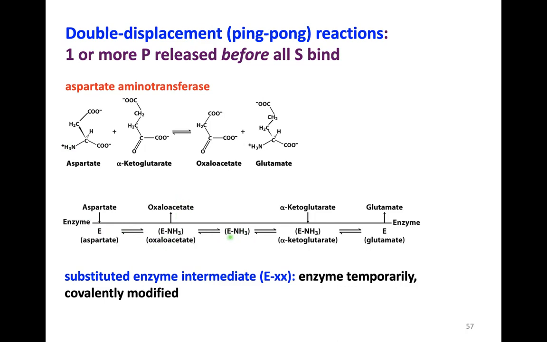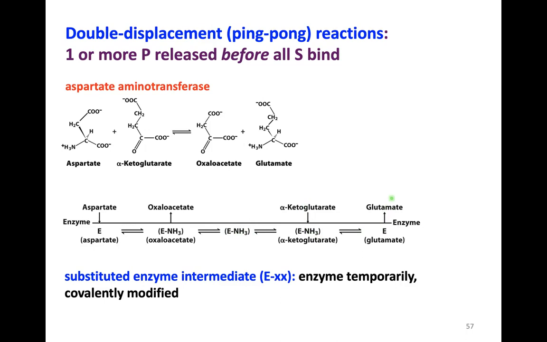We're left with this covalently modified active site of the enzyme that is covalently bound, in this particular example, to the amino group that it got from aspartate. Okay, so in comes our second substrate, alpha ketoglutarate. That amino group gets transferred to the alpha ketoglutarate to become glutamate.